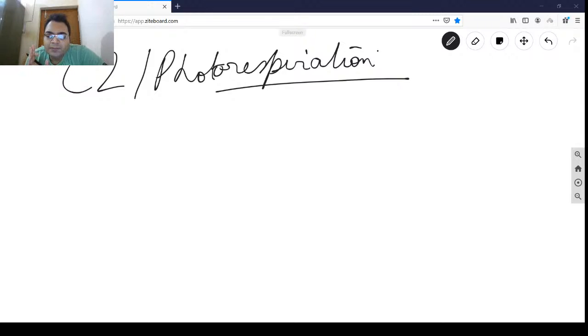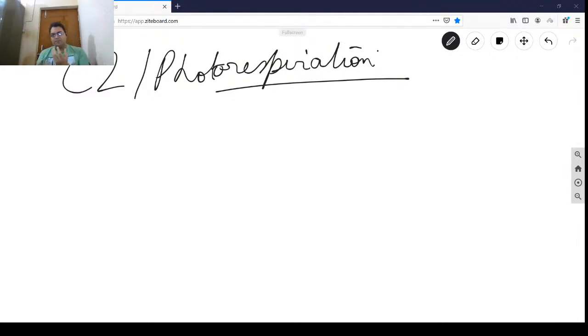So the step in which CO2 is fixed into a 3 carbon product, which is your 3-phosphoglycerate, that step is the most important step.